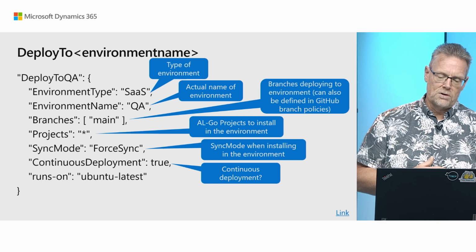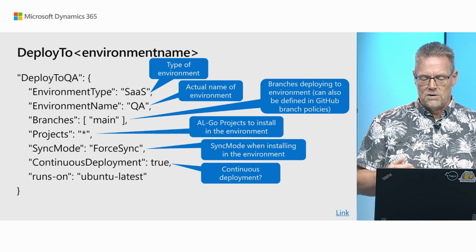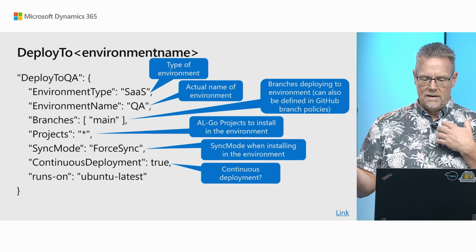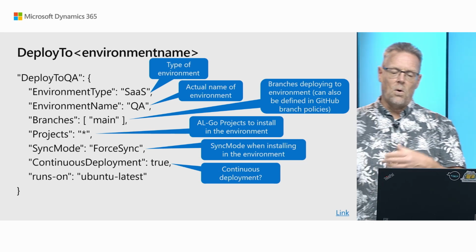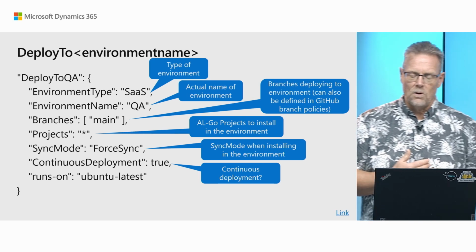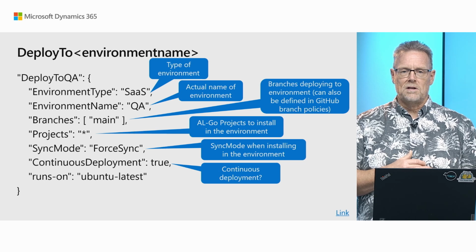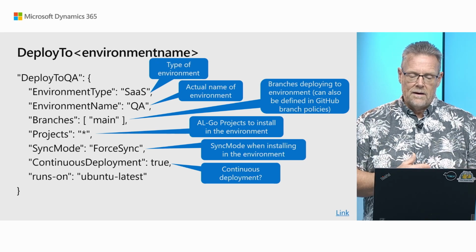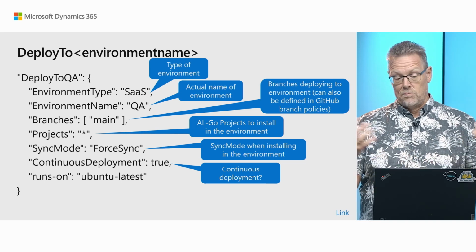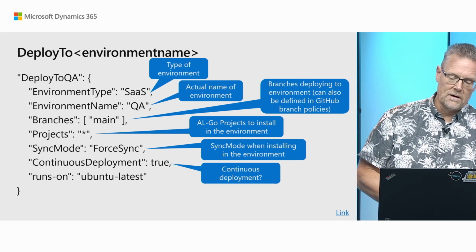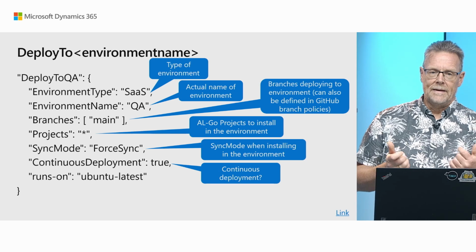But if you create a deployToQA setting and set continuous deployment, you can set it to true or false, no matter whether it's a production environment or a sandbox environment. So you can actually set up continuous deployment to a production environment. If you have a final acceptance test that is a prod environment, then by all means, go ahead and run continuous deployment to that one.